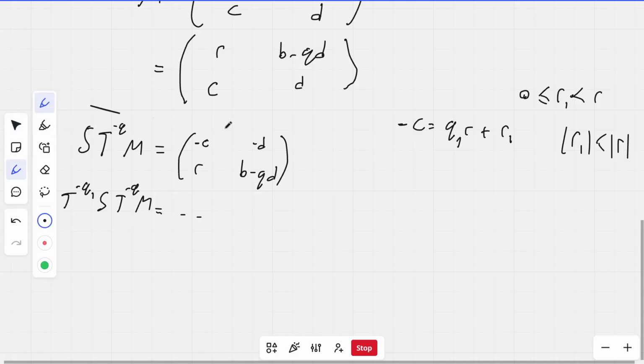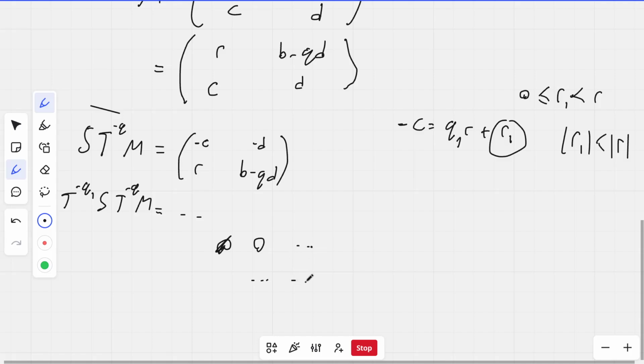So eventually we're going to have this as 0 as we keep on iterating this process. And so that will mean that when we apply the T to the Q minus 1, we're eventually going to have a top left entry of 0.